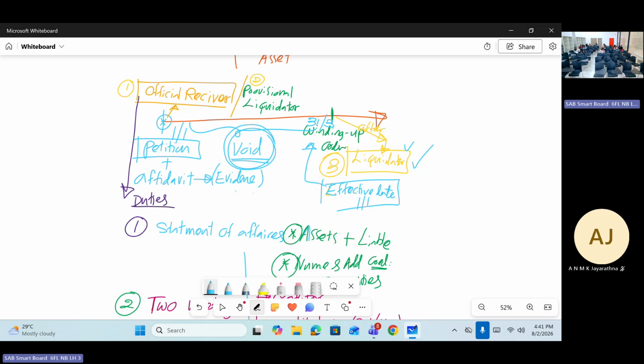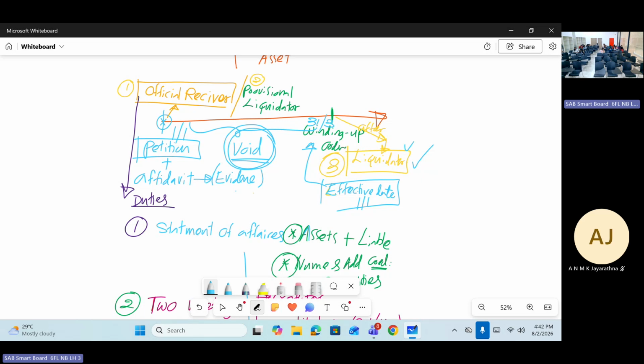The committee of inspection is a committee that assists the liquidator, to certify the accounts of the company. That is their main role. So, in order to decide these two things, the official receiver has to conduct two separate meetings.